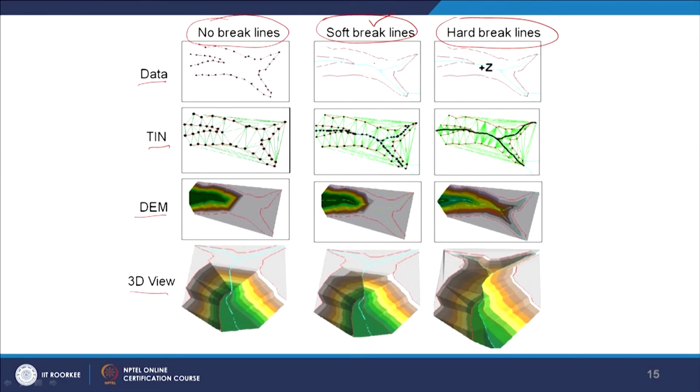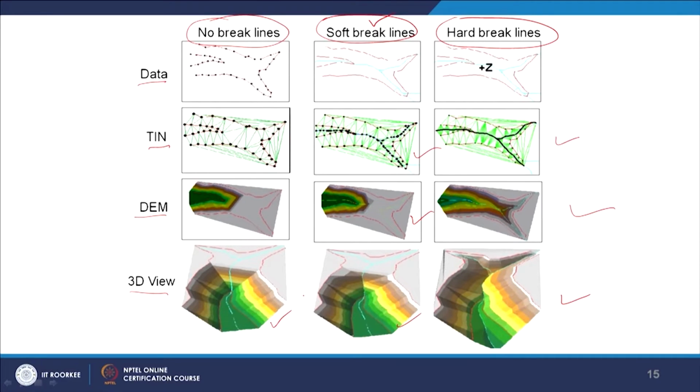As you can see with the different options, the input data is the same, but when soft break line and hard break line options are taken, the generation of the digital elevation model, the generation of the TIN, as well as their 3D perspective views are completely different. And if you compare with no break lines, all are different.